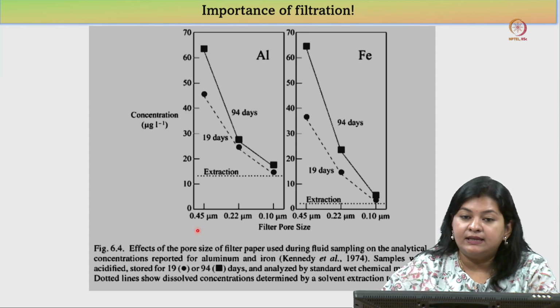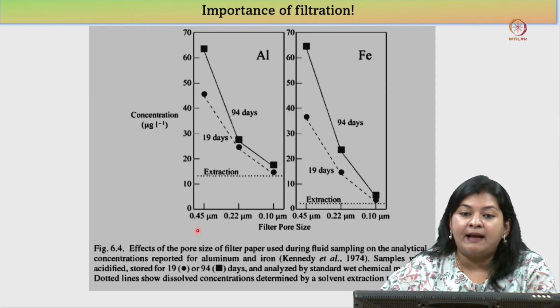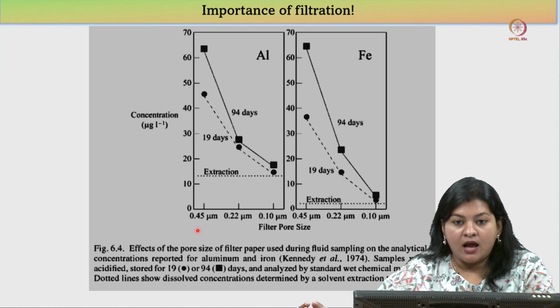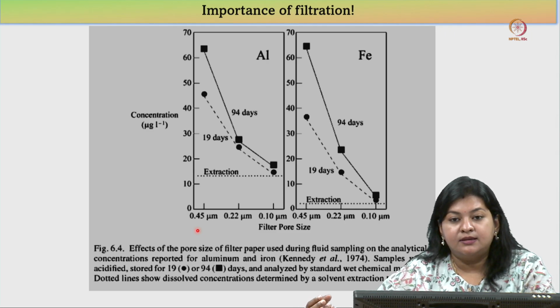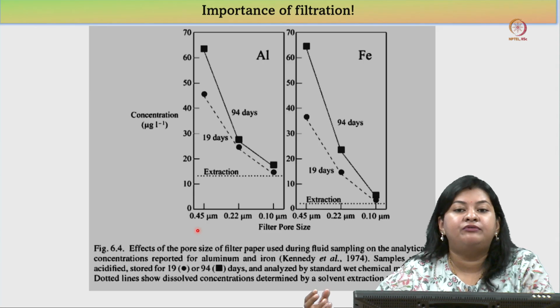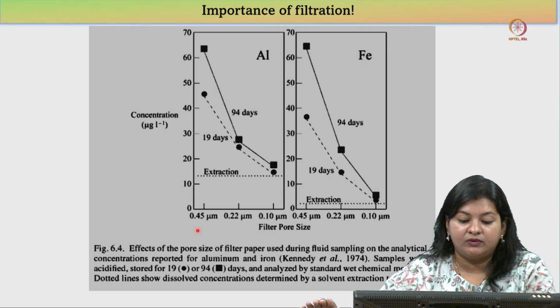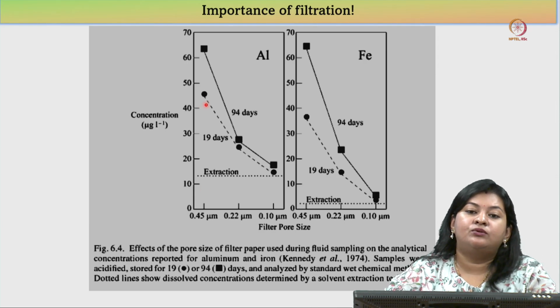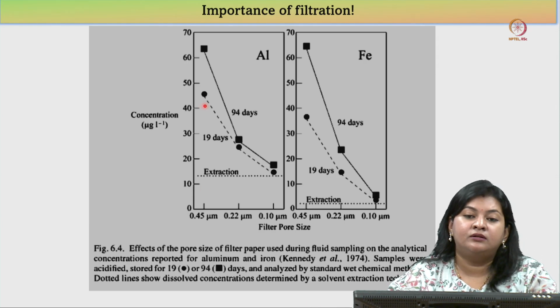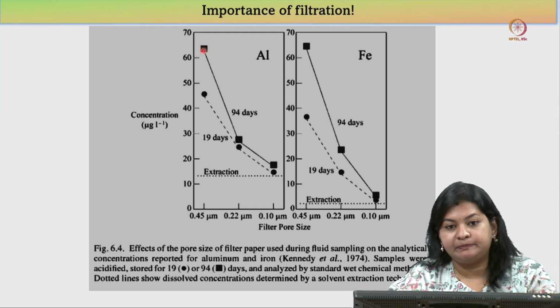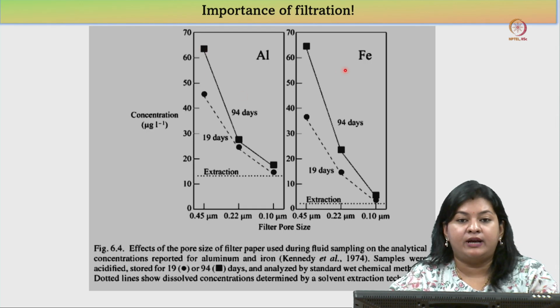So, it means that the sample filtered using 0.45 micrometer allowed some of the very finer particles to pass. They continue to interact over the 94 day period, and after 94 days when you are measuring, you are finding the aluminum concentration to be very high. Same thing for iron.